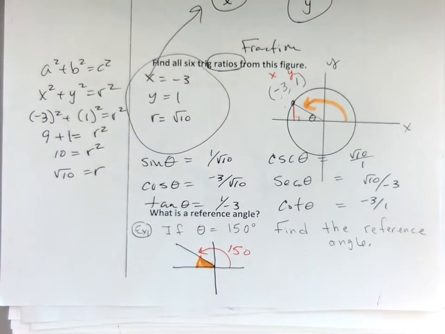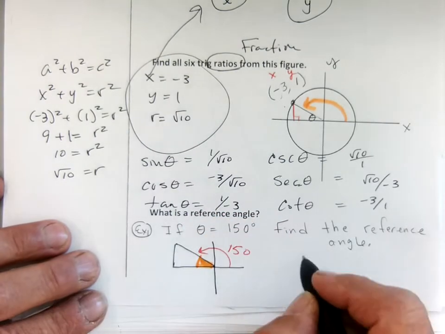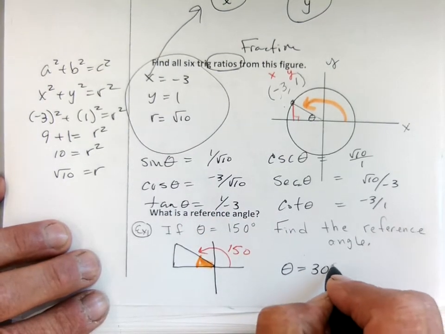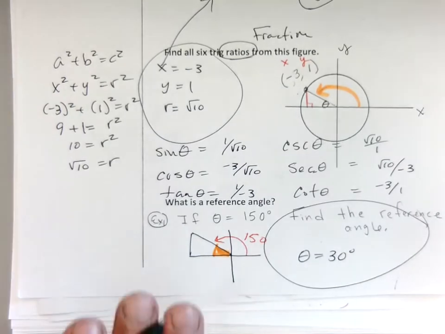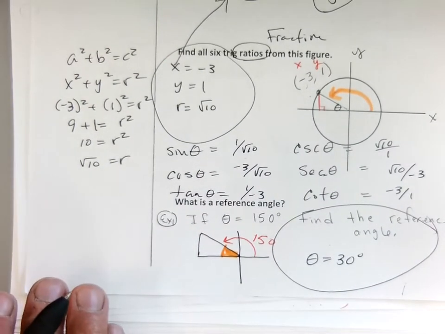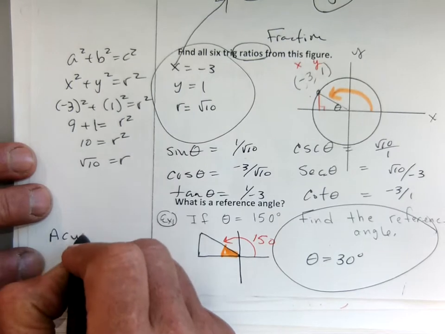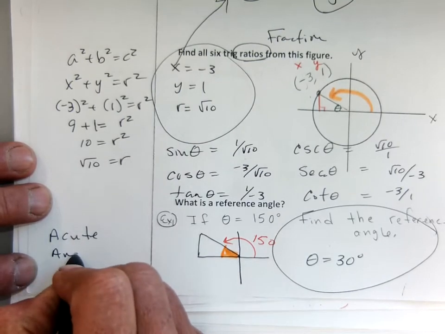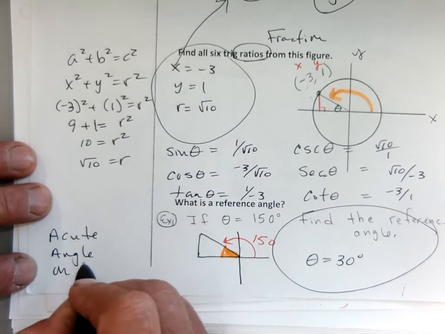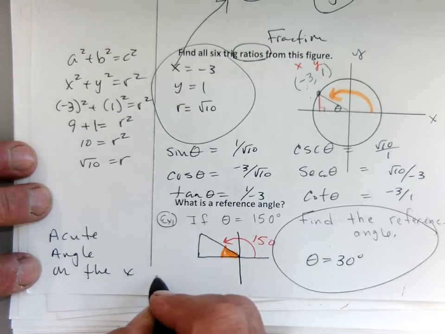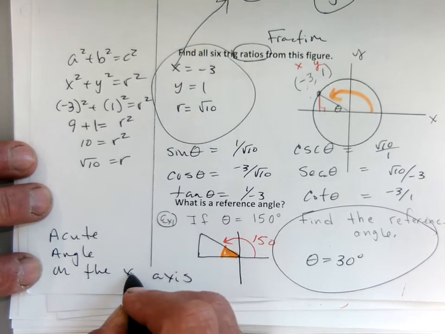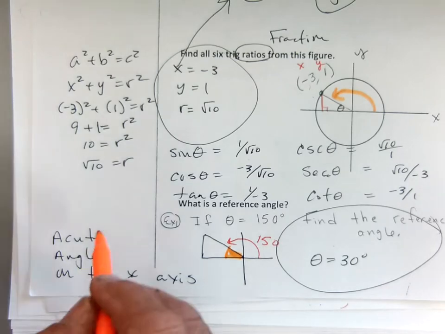I'm going to write it down. So the reference angle in this case is 30 degrees. That's my reference angle. The definition of a reference angle: it's the acute angle on the x-axis. That's my definition of a reference angle.